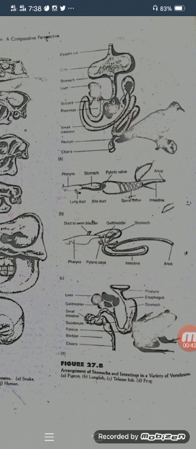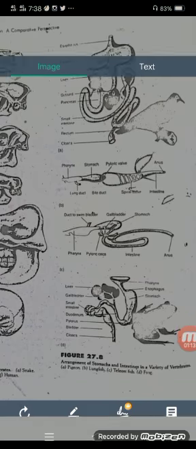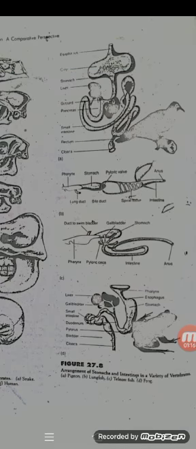Next one is figure B. Figure B is showing the digestive system of a lungfish, starting from the pharynx, then a duct going to the lung, that is called the lung duct, then the stomach and pyloric valve, and then the bile duct is shown here, spiral valves are shown, and then the intestine leading to the anus. This is in the case of the lungfish.